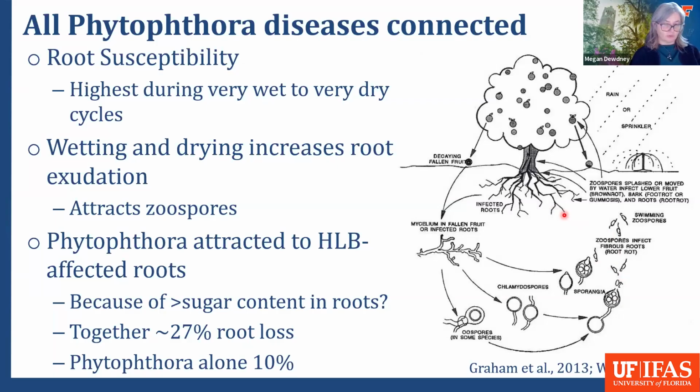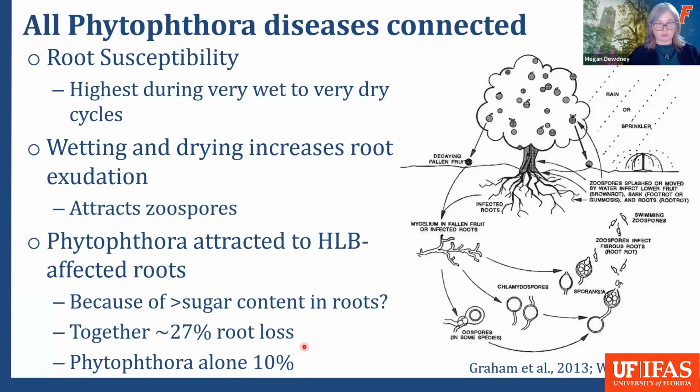And we don't know if that's because of a greater sugar content in HLB roots, because of the struggle with moving sugars throughout the tree with phloem plugging, but together Graham et al. estimated there was about a 27% root loss between the two organisms together, and Phytophthora alone was only causing about 10% root loss, which is plenty.